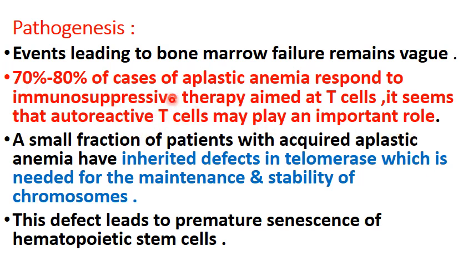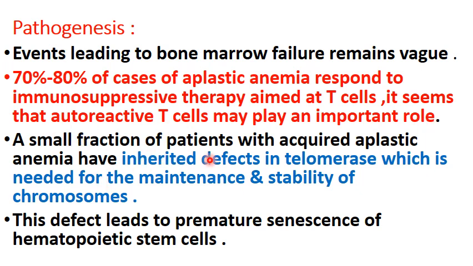When immune suppressive therapy is used, 70 to 80% of patients with aplastic anemia respond to this treatment, meaning this disease is mainly due to an autoimmune mechanism that runs in the body of the patient. So autoreactive T cells may play an important role.